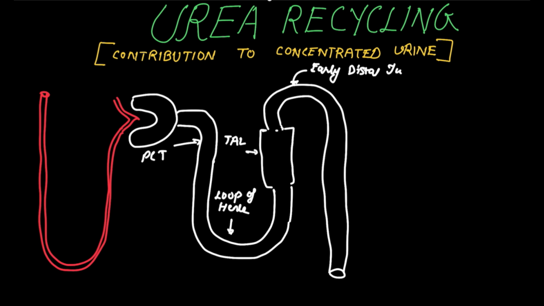If there is an early distal tubule, there is a late distal tubule which is a functional unit with the collecting duct. A large number of late distal tubules form one collecting duct, and the collecting duct plays a critical role in urea recycling.